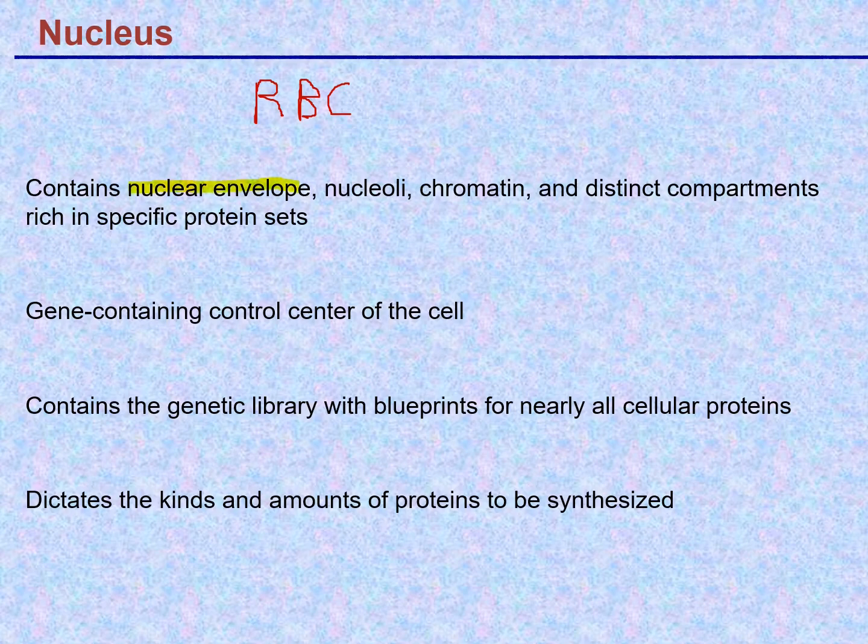And inside is a nucleolus. The plural for nucleolus is nucleoli, but inside is a nucleolus. The chromatin is the DNA material. And you have also quite a bit of protein associated with that.